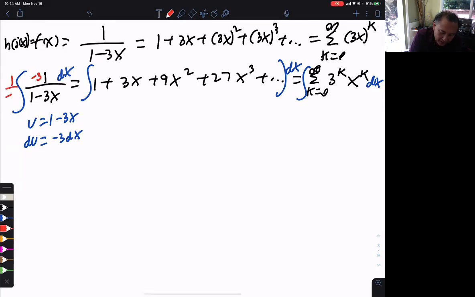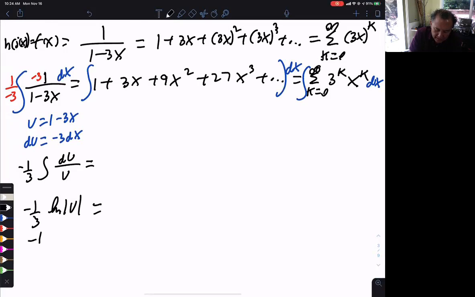Now I do. So I have negative 1/3 integral, the top is du, the bottom is u. And that'll be negative 1/3 ln of the absolute value of u, which is negative 1/3 ln of 1 minus 3x.